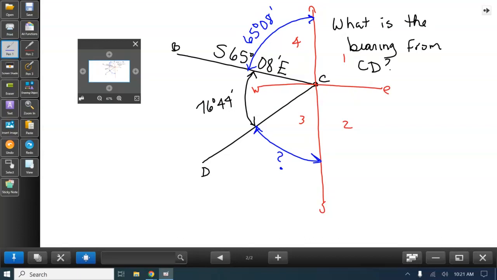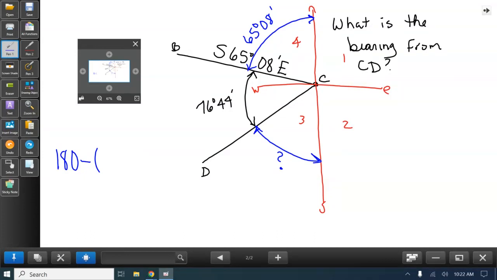So how could we solve for this angle here? Maybe 180 minus those two added together. Because the line's got to be 180 degrees.